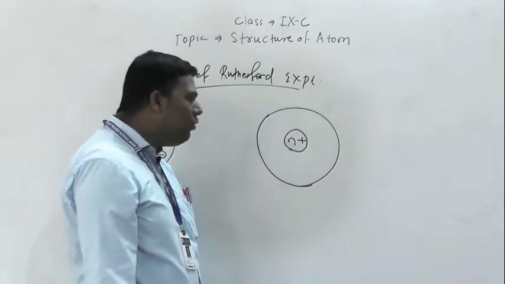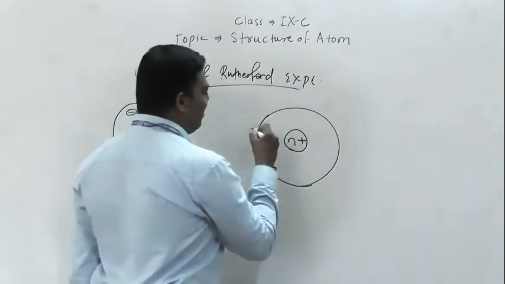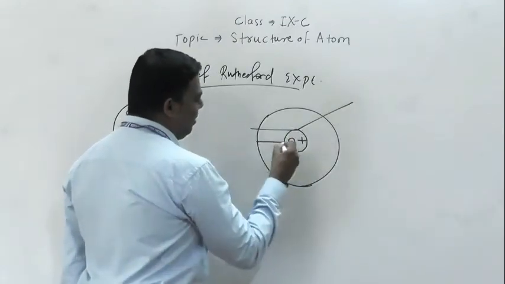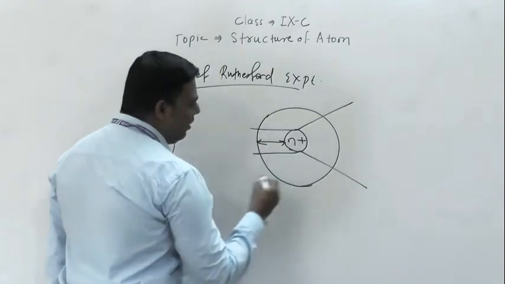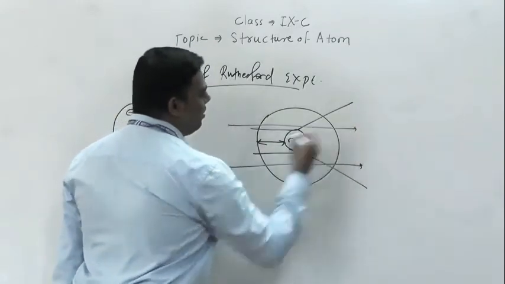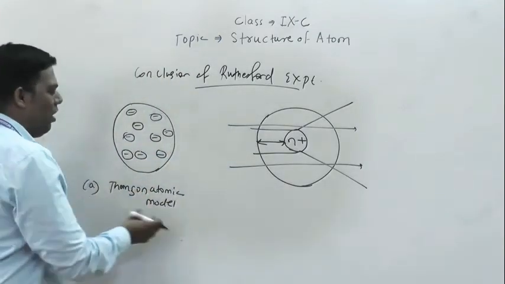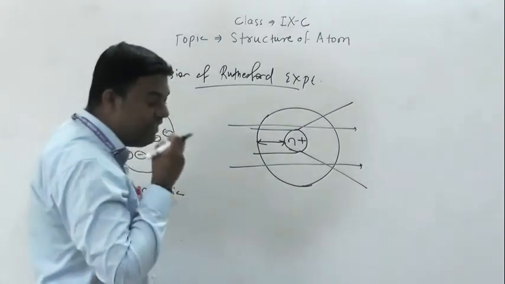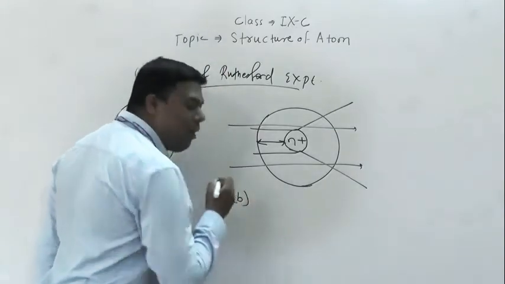From these actual results, some are completely back. This figure justifies the Thomson atomic model, and then Rutherford's experiment.